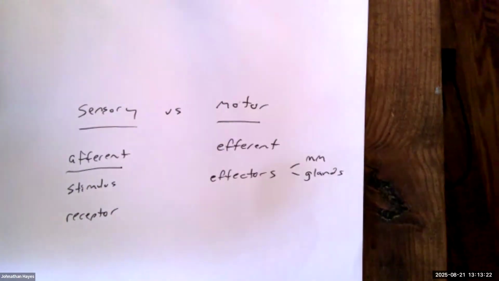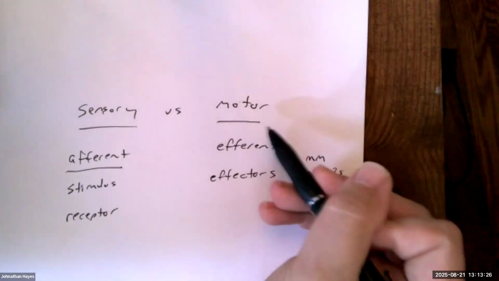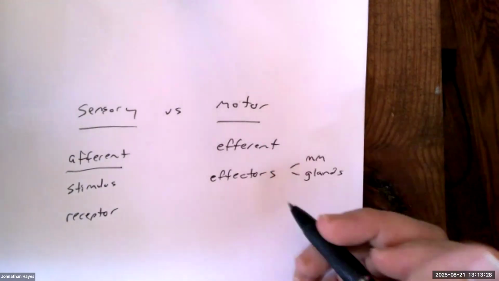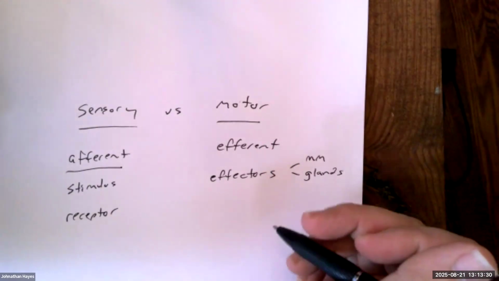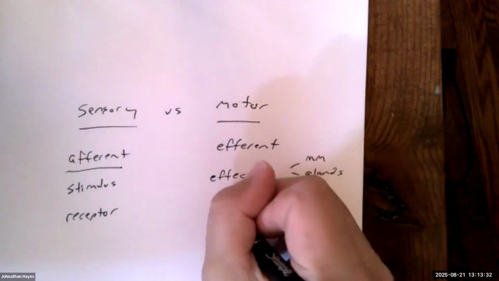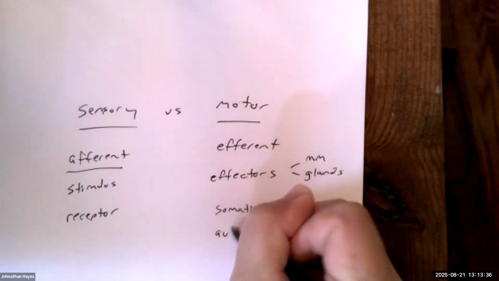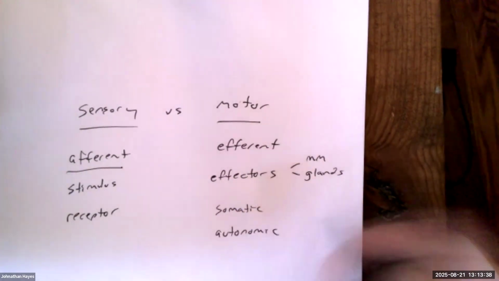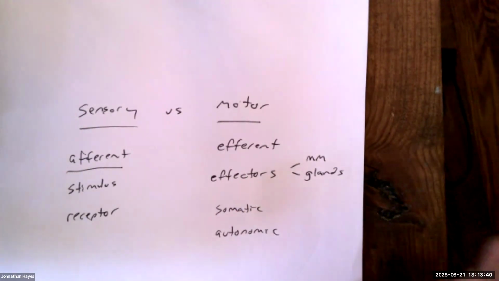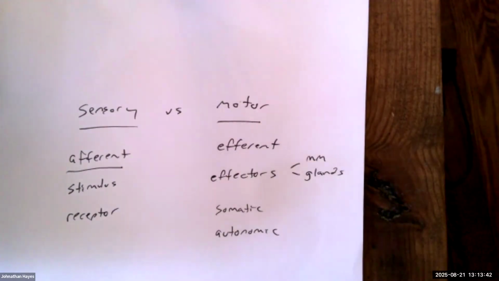And depending on what type of muscle you end up going to, that can make your motor neurons tend to veer toward maybe a somatic portion of the nervous system versus an autonomic portion of the nervous system. So again, since neurons are the functional units of the nervous system, when you put a lot of these things together, you end up getting into functional divisions of the nervous system.